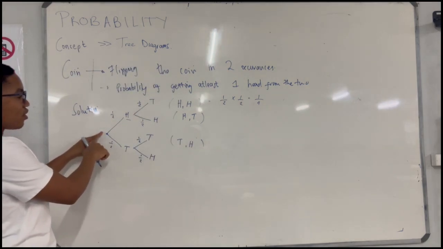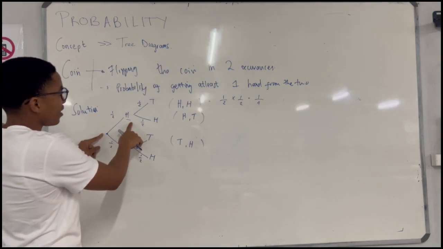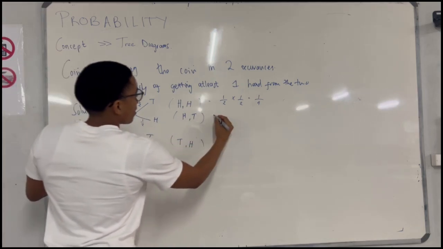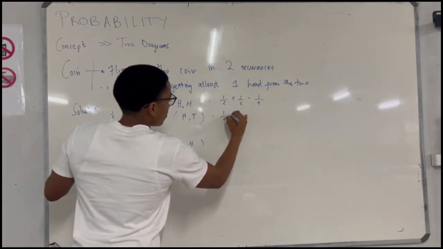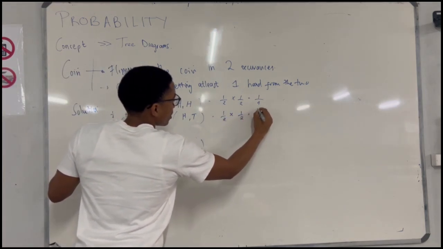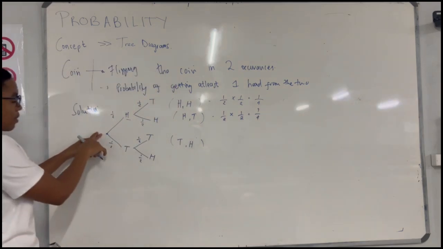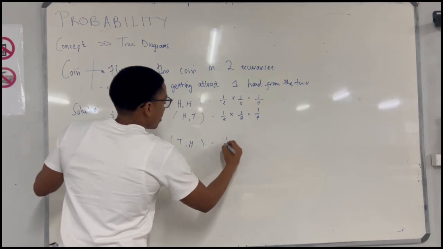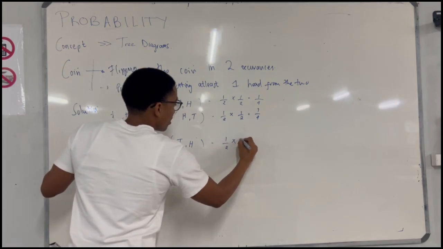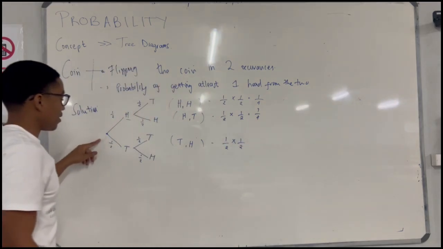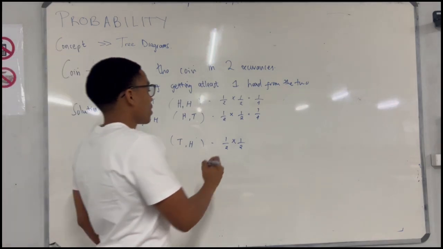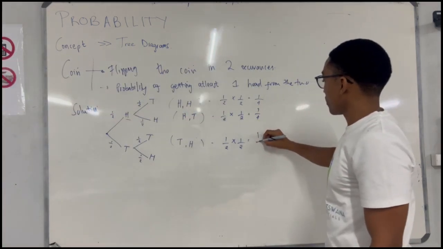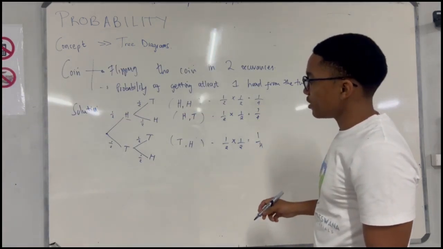The probability of getting a head and then a tail is 1 over 2 by 1 over 2. The probability of getting a tail and then a head is also 1 over 2 by 1 over 2. So now we have these three independent probabilities.